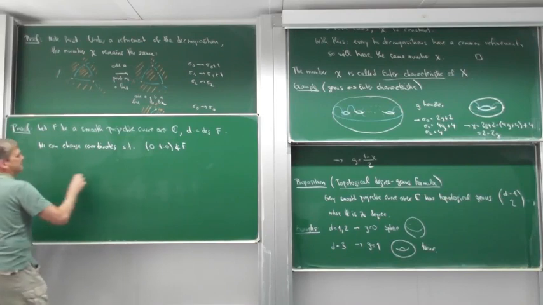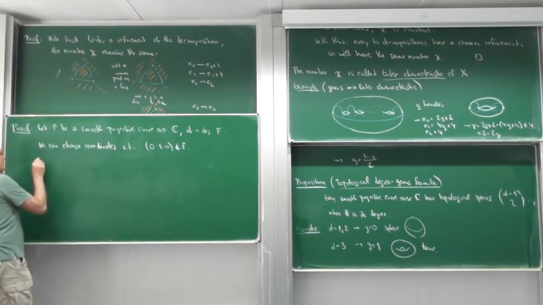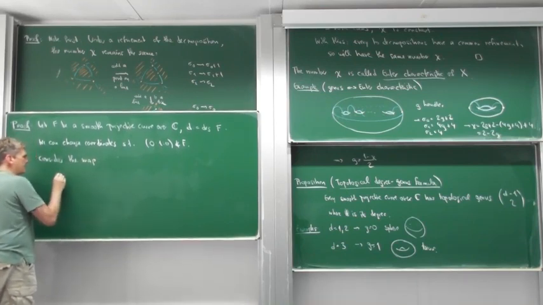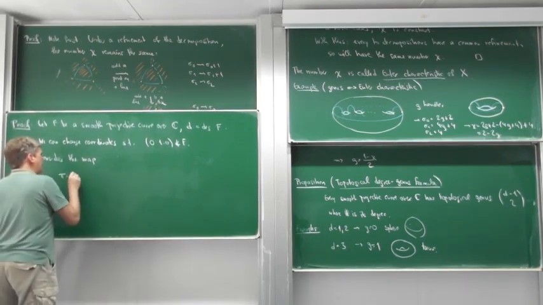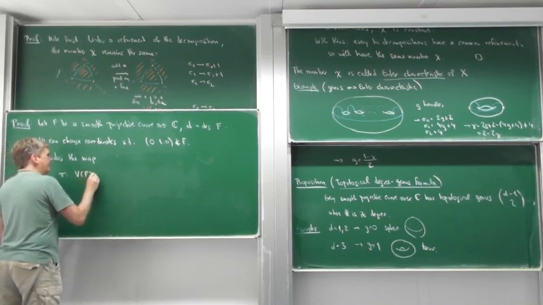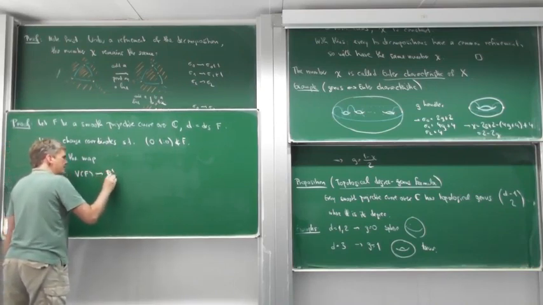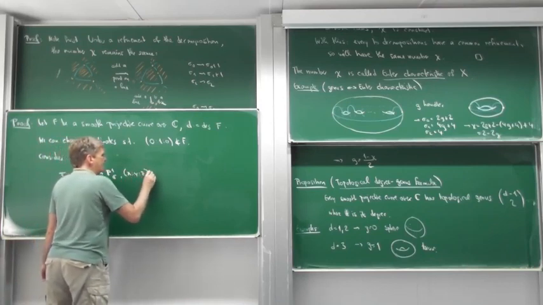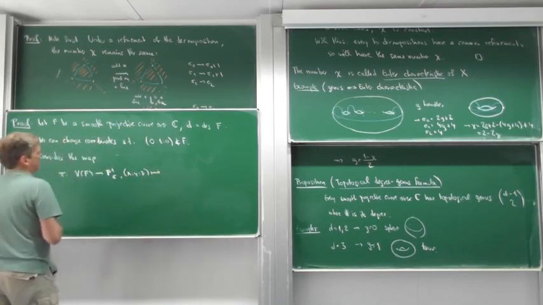And we consider then the following map, this pi, the projection. It starts from V(F) and goes to a P1 over C, and it sends the points (x, y, z) to (x, z), I just leave out the y.